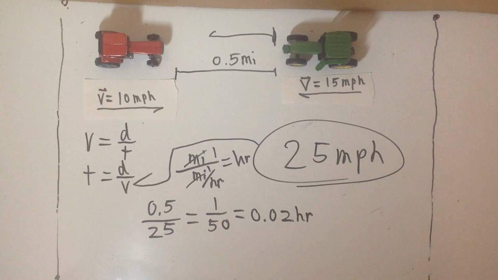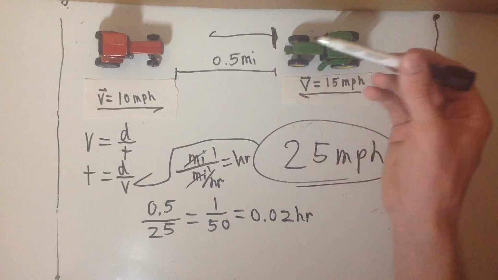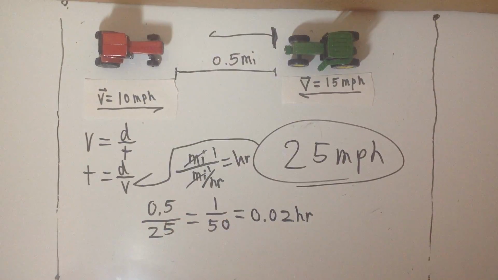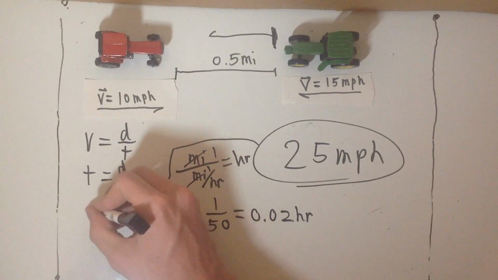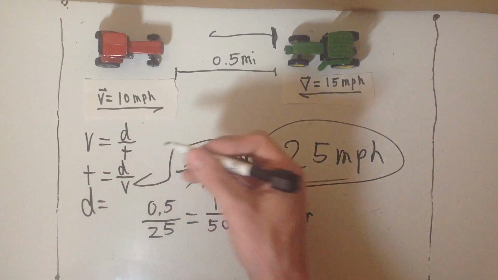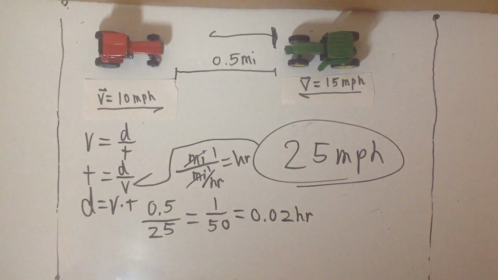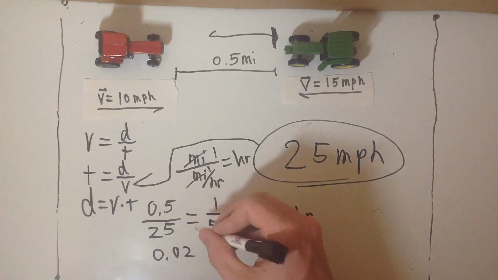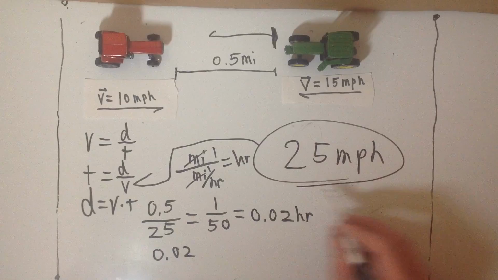But now let's once again think about it. If we have our starting point here once again at the green tractor, how far away from the green tractor's starting point are these two tractors going to collide with one another? So we go again back to our simple equation over here, but instead we're solving for distance, which is our velocity times our time. And we have our time right here, 0.02 hours, and we're going to multiply that by our velocity.